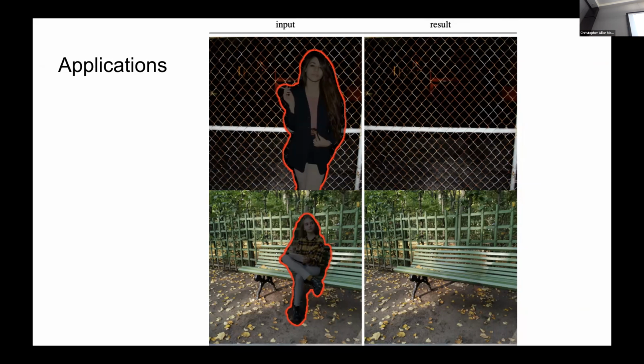You just want this network to produce something that's realistic in the region outside of the mask. And because the network has been strongly biased towards generating very realistic images, even though it's only being supervised by regions outside of the mask, it's able to basically interpolate or hallucinate the region inside.